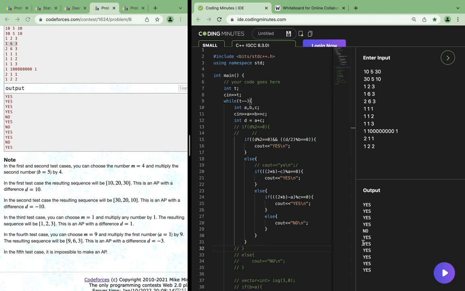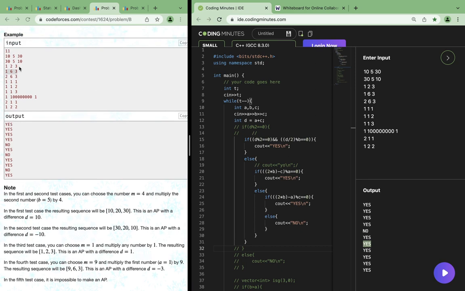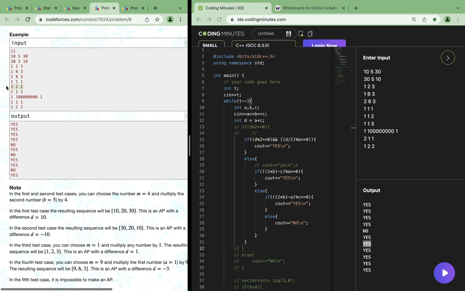So this is failing at this test case, which is 1, 2, 3, 4, 5, 6, 7. Seventh test case. This is failing as this 1, 1, 2. So let's see what this case is. So maybe let's first check for b.